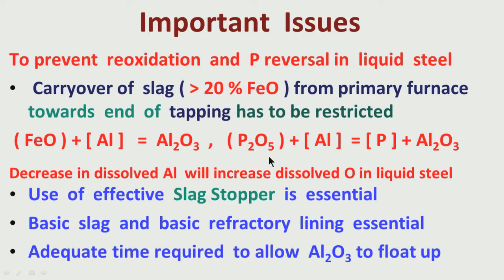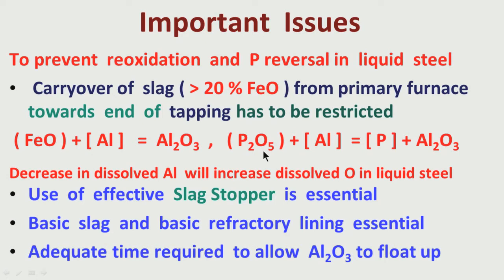Now, if this slag comes into the ladle during secondary refining, this phosphorus oxide may react with aluminum. That means, after deoxidation, whatever soluble aluminum is there in liquid steel, the phosphorus oxide in the slag may react with it, and you see the phosphorus will come back.